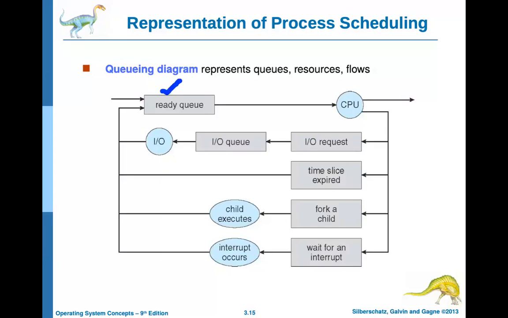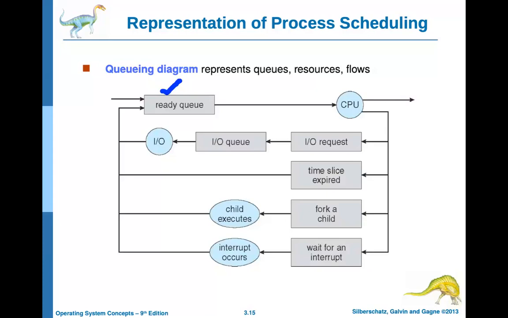All the processes have all of the resources except only one, and that is the processor, the CPU. The process is eligible for execution because it has acquired all of the required resources.